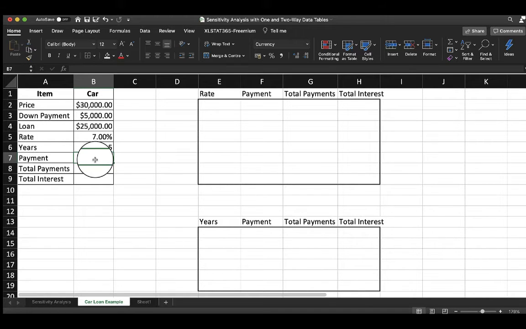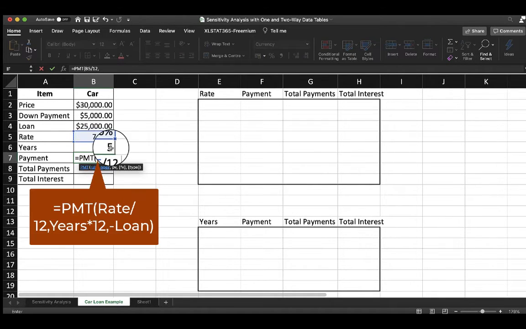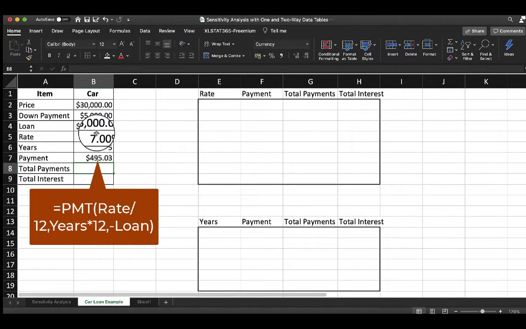The formula I use here is equal PMT. Now what is the rate? Rate is 7% divided by 12 comma, then years into 12 comma minus loan. This is my formula for calculating the payment that I'll pay every month as the installment. So this is my payment.